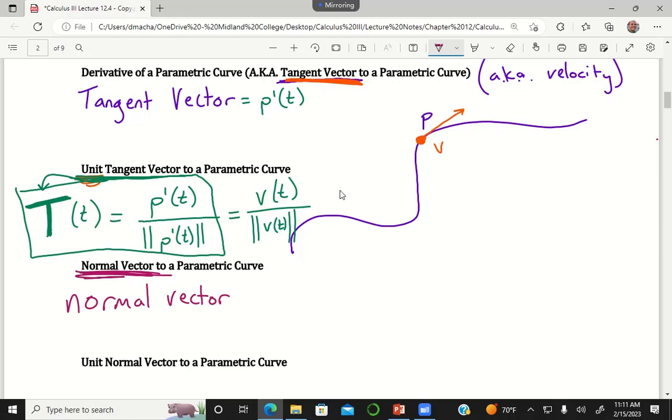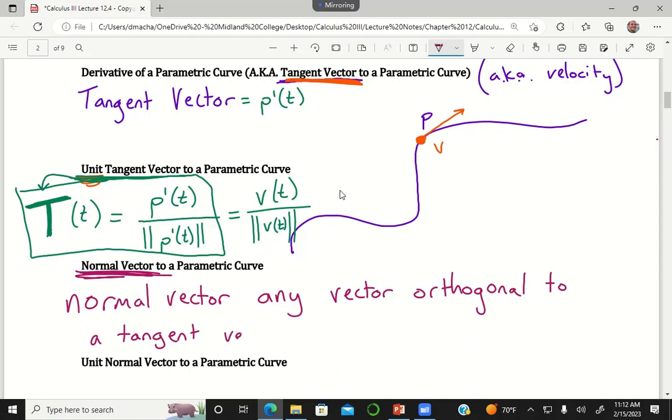If we're talking about a normal vector to a parametric curve like this, the normal vector is any vector orthogonal to a tangent vector. And there's actually infinitely many normal vectors.